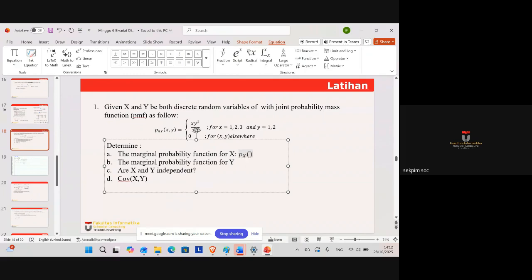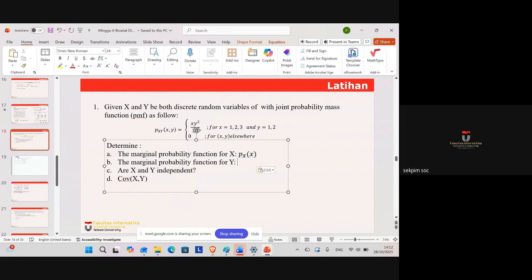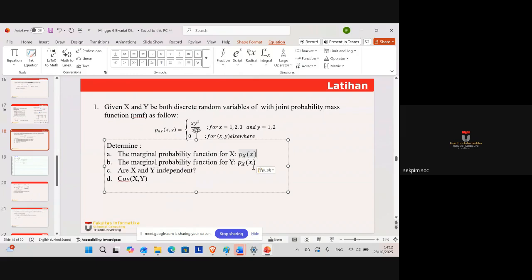And we also need the marginal probability function for y, which is the function that depends only on y.